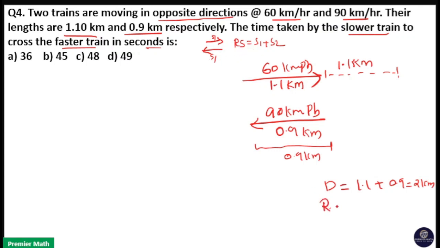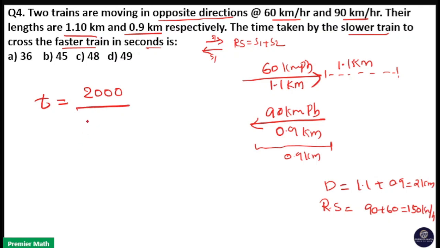So relative speed is equal to 90 plus 60, that is 150 km per hour. Here time is in seconds, so I will convert distance to meters and speed to meters per second.